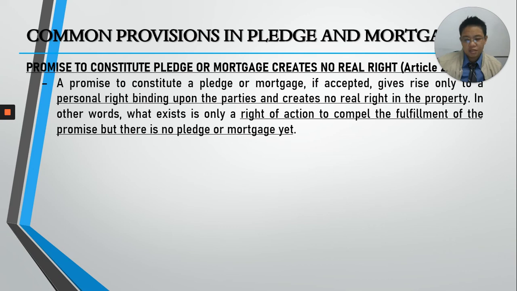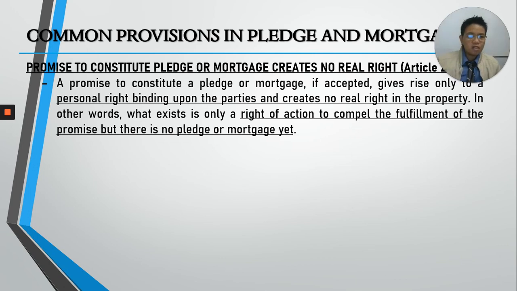So, let us say, for example, the debtor borrows 10 million from the creditor. The debtor promised to execute a mortgage to guarantee the payment of the debt. The promise of the debtor to execute a real estate mortgage was accepted by the creditor.